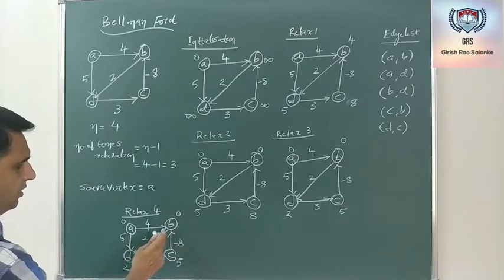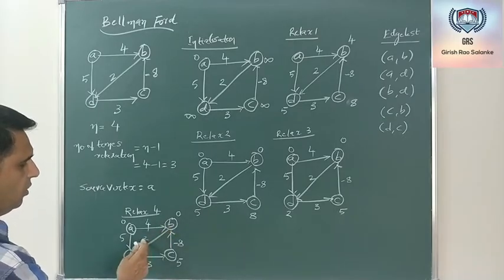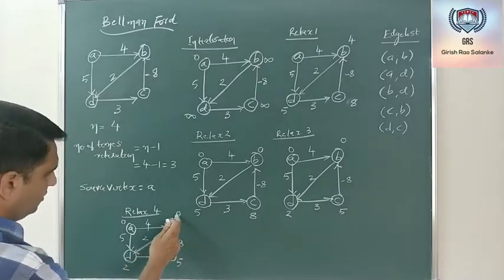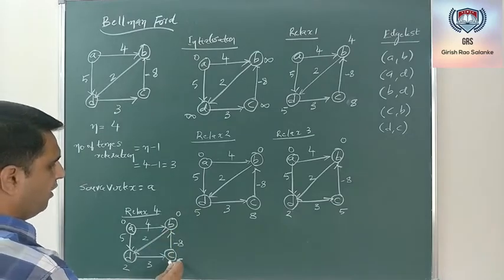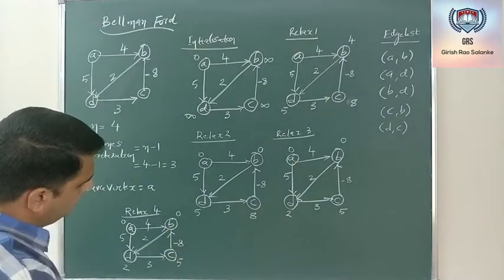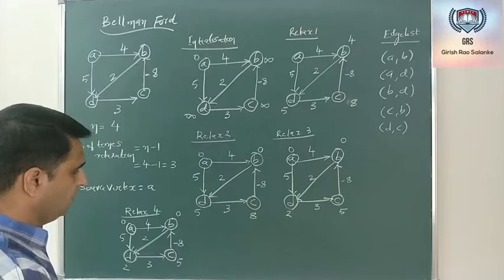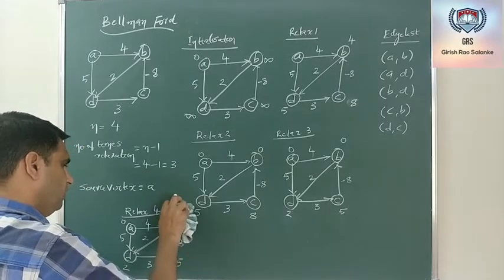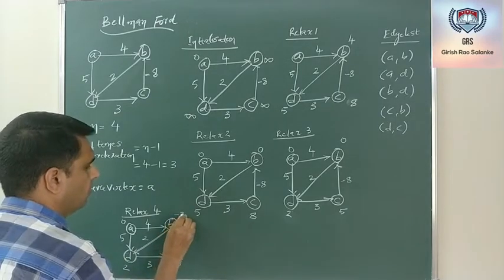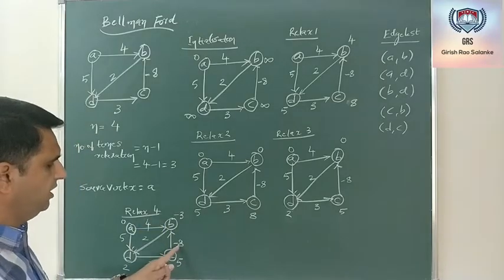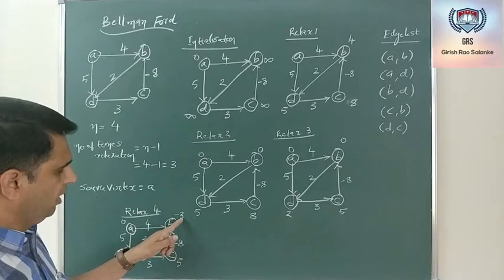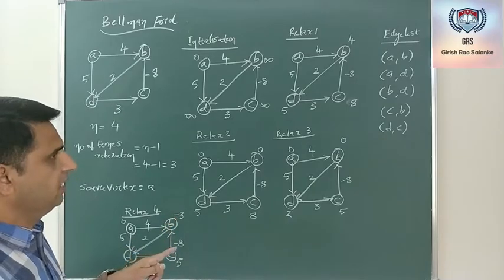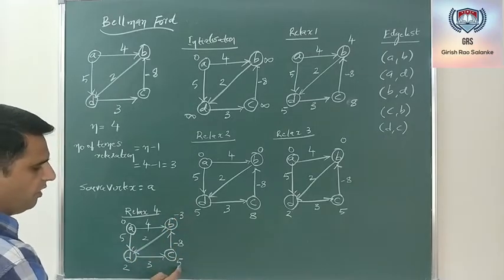Next, B to D: 0 plus 2 is 2, and 2 as it is. Next, C to B: 5 minus 8 is minus 3. Minus 3 and 0, which one is less? Minus 3 is less, so I update this. Next, D to C: 2 plus 3 is 5, and 5 as it is.